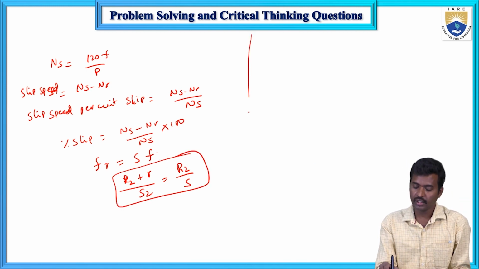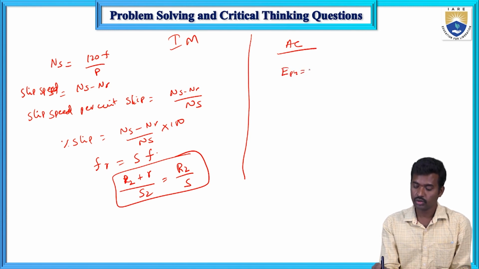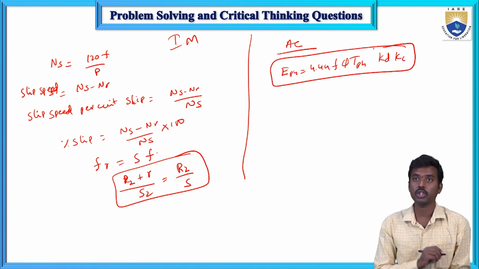That is for the induction motor. Next, the alternator case, the AC generator case. Here the induced EMF equals 4.44 F into phi into number of turns per phase and Kd into Kc. This is the most important.